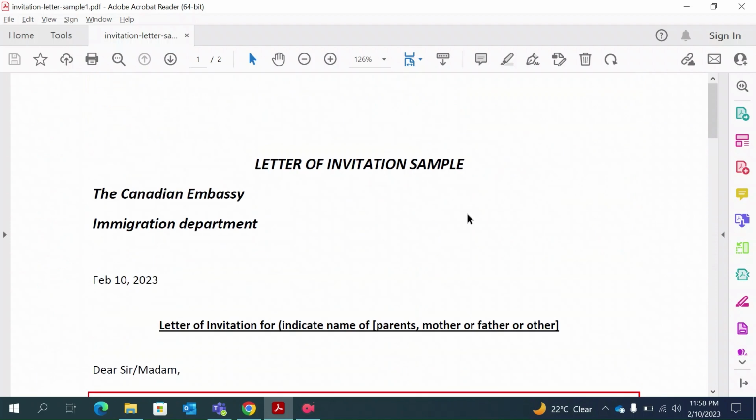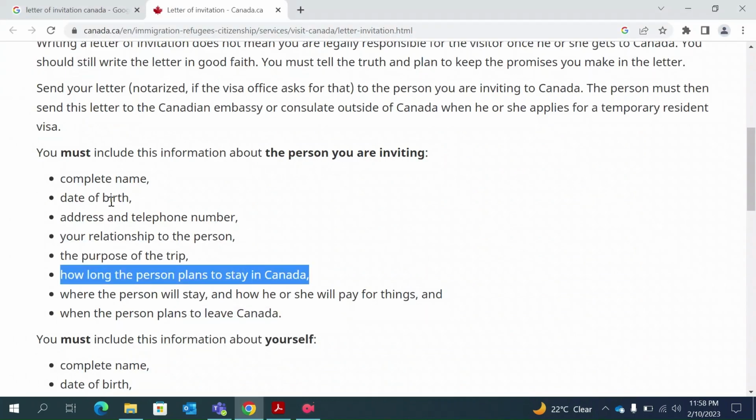So this is how you write an effective letter of invitation, and I have cross-checked all the details. You can use my letter of invitation as a sample. You can come to this website and read it over here as well, and by using this, you can write a very good letter of invitation.